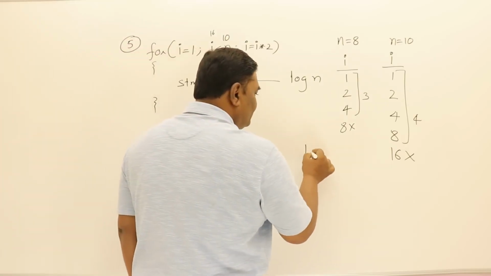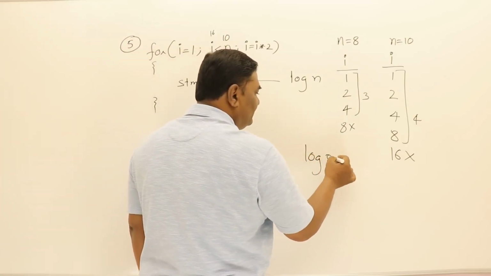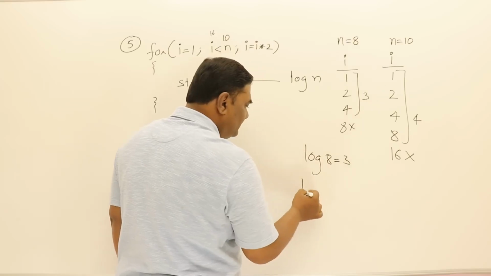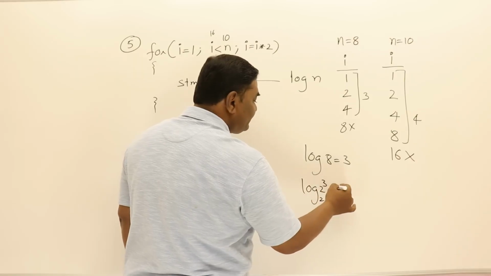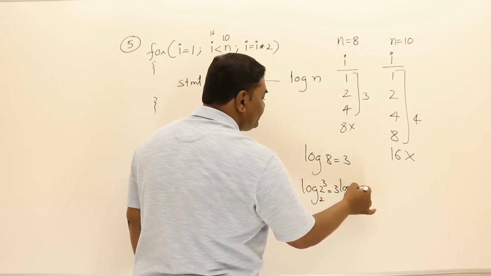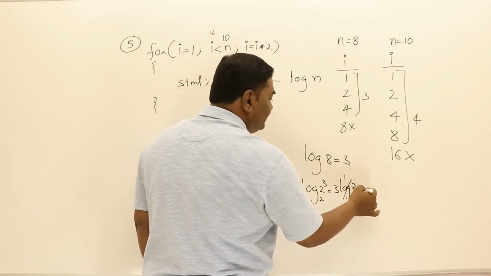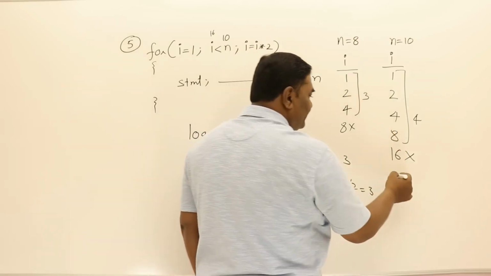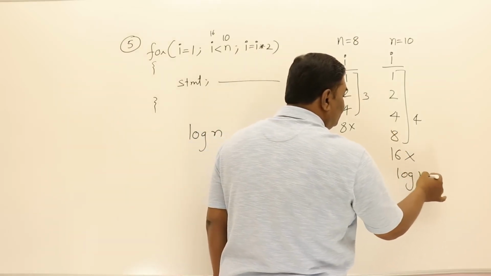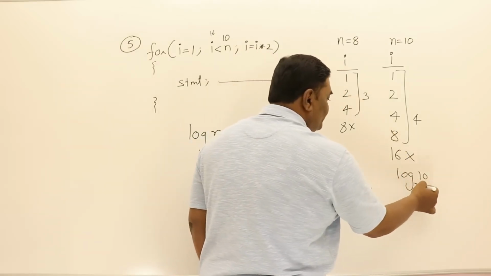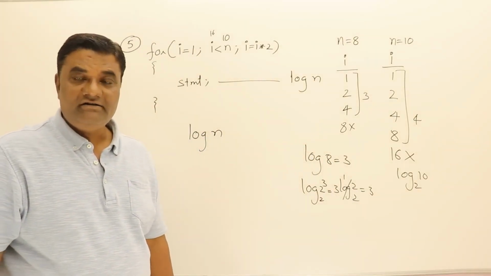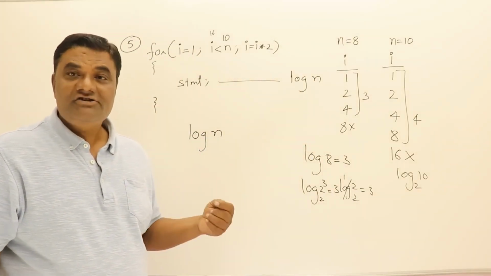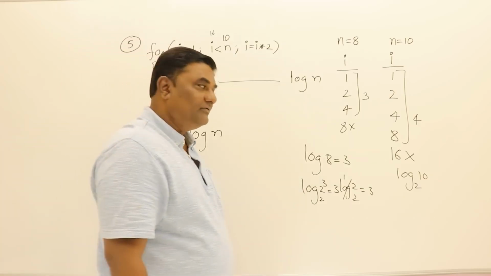If I find log 8, it will be 3. How? Log 8 is written as log 2 power 3 base 2, and it is written as 3 log 2 base 2, and this is 1. So the answer is 3. Now in the same way, if I find log 10 base 2, 10 is not an exact power of 2, so I may not get an integer value, I may get a decimal value, right?